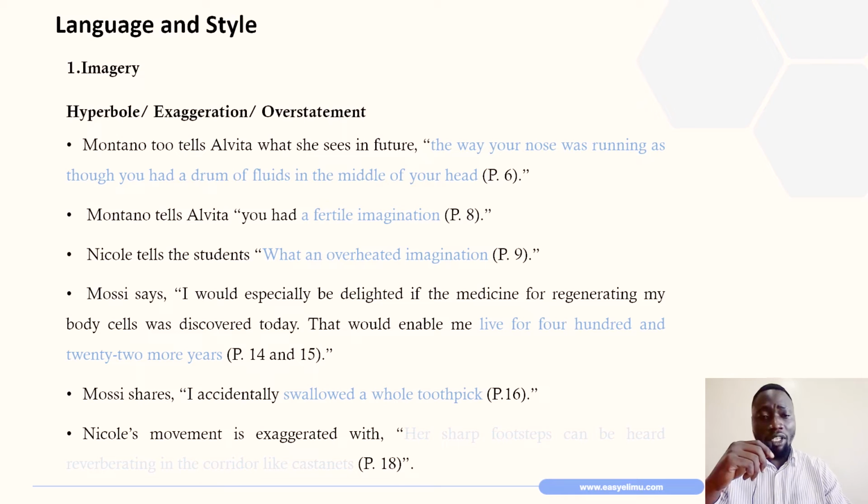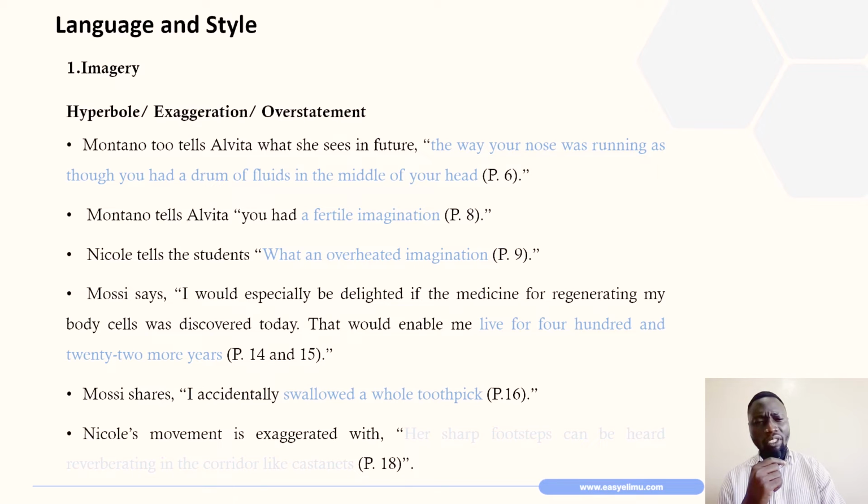So Montano also tells Alvita that you had a fertile imagination. Remember, imagination is like a fantasy. So it is not easy to tell whether a fantasy is fertile or infertile. So that is also another instance of exaggeration.